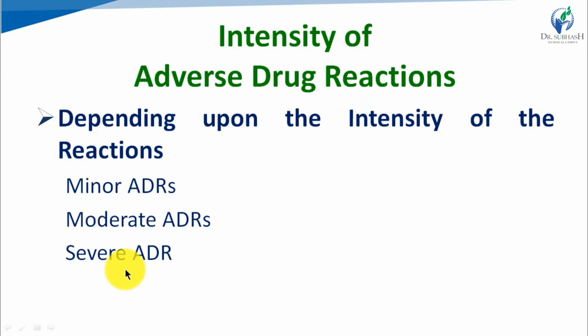These are also known as lethal type, where directly or indirectly there might be chances of death of the patient. So in severe ADR, care should always be taken. So these are the intensities of the adverse drug reaction that might happen to the patient.